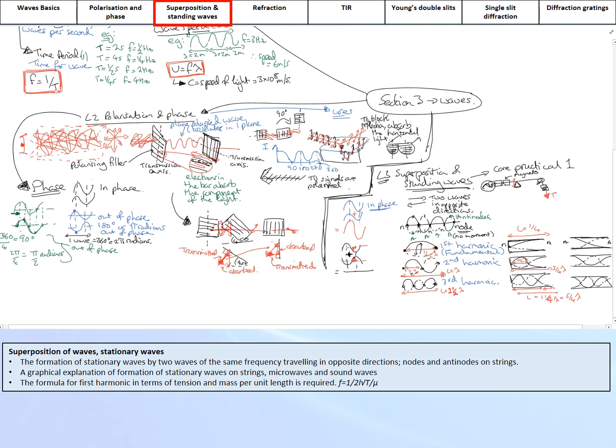And you could measure from the wooden blocks to the prism to get the length of the string. And because it was fixed, that length was half a wavelength.